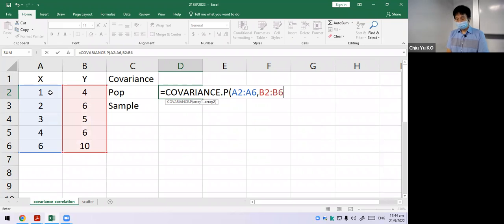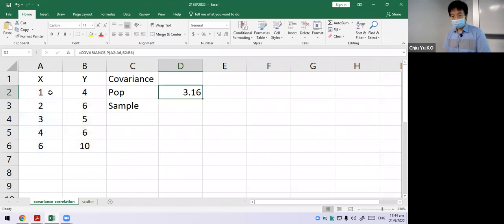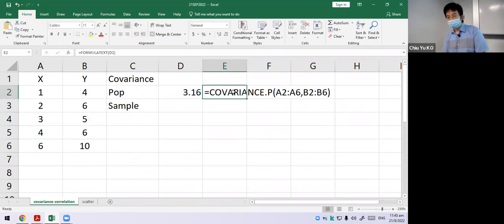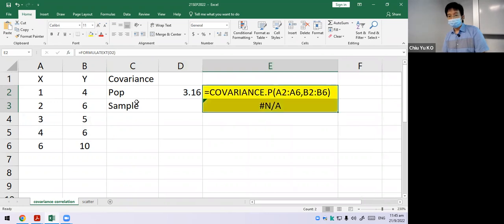Okay? So this is how we'll be doing the covariance.P population. The sample will be .P become .S. So that is how you can do that. Okay, so that would be the one we need to input.